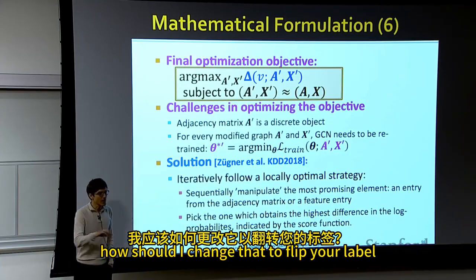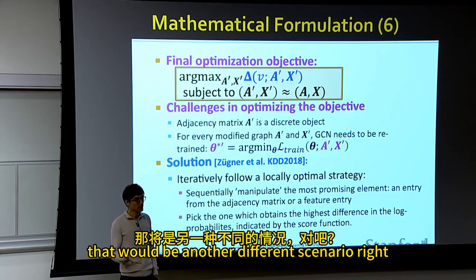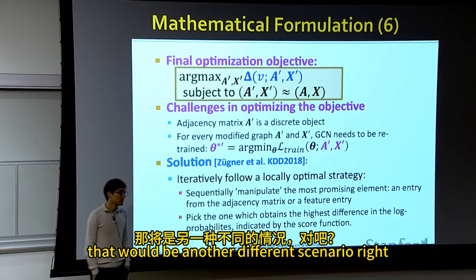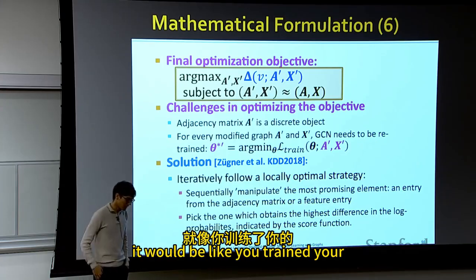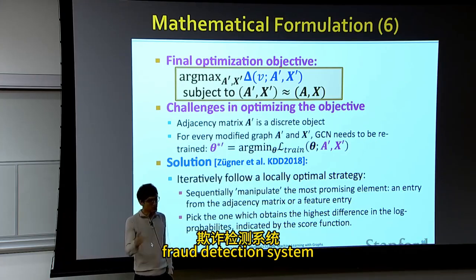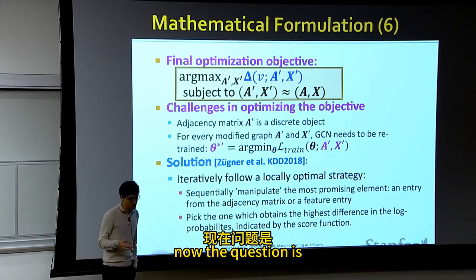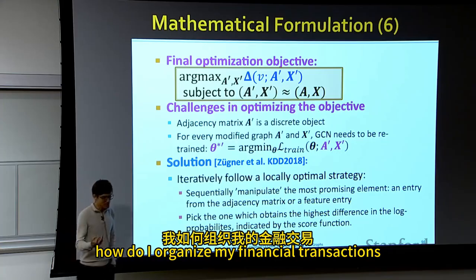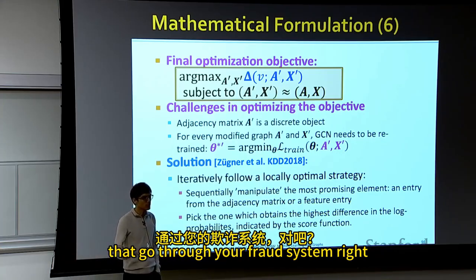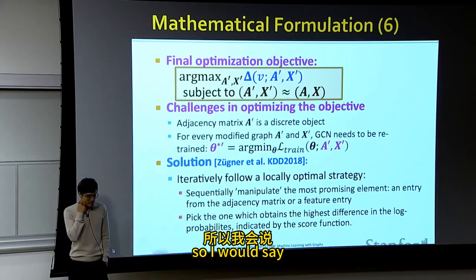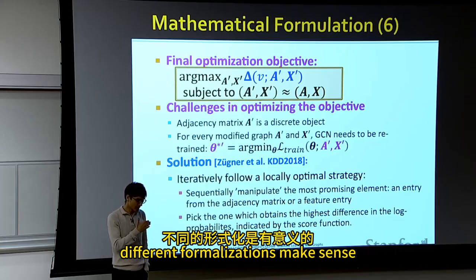How should I change that to flip your label? That would be another, different scenario. It would be like you trained the fraud detection system, and now the question is, how do I organize my financial transactions that go through your fraud system? So I would say different formalizations make sense.